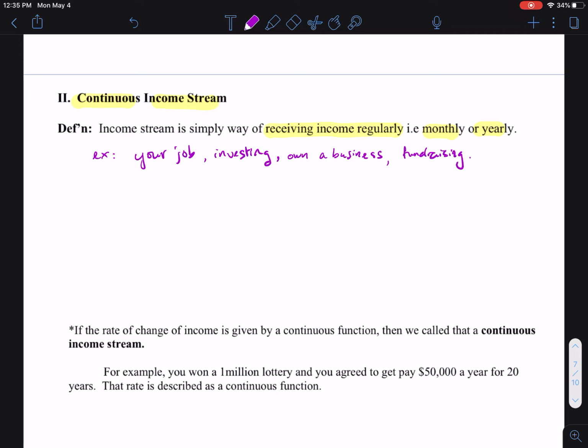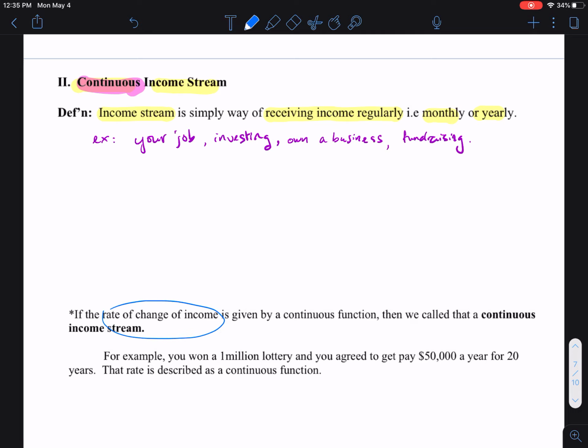So how do we go from income stream as just a source of receiving income regularly to a continuous income stream? Well, if the rate of the income stream can be described or captured using a continuous function, then that income stream itself now has the prefix, which is a continuous income stream.